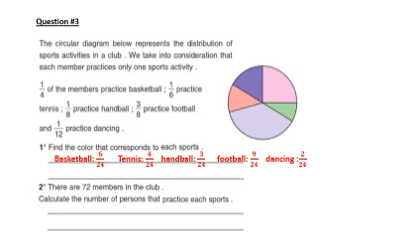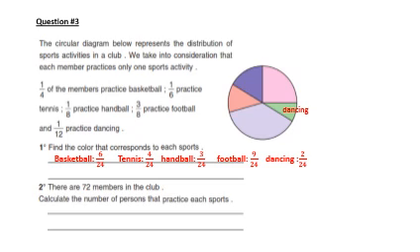Now, if you look at the diagram, let us try to figure out which color is the least one. The green, as you can see, is the least one, right? And the least fraction out of all of these is dancing. So the green is for dancing. Now it became easy for you, right?